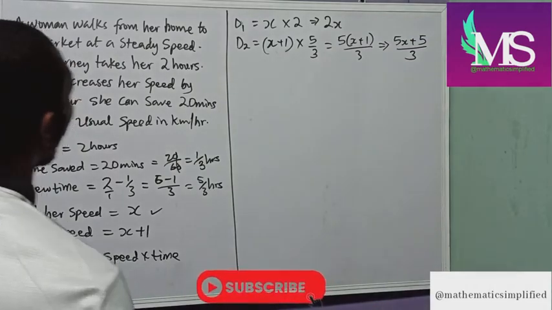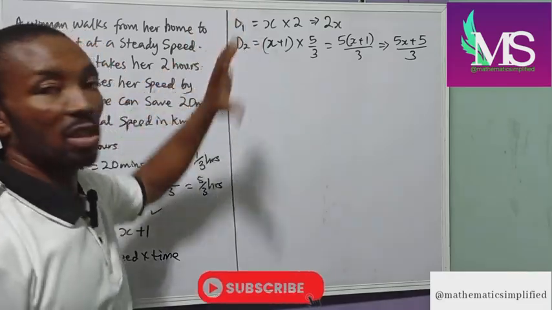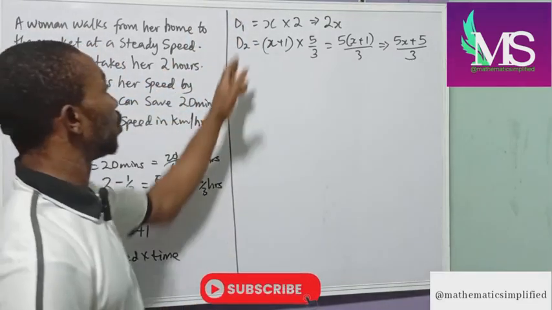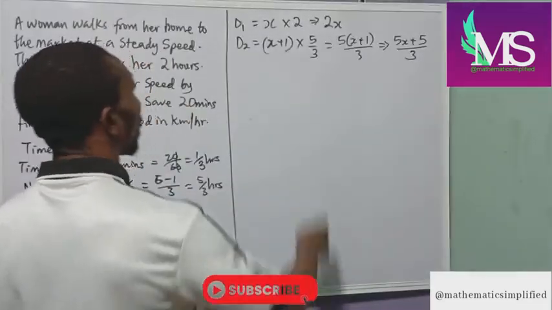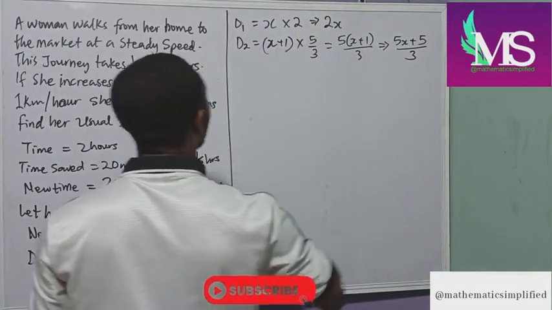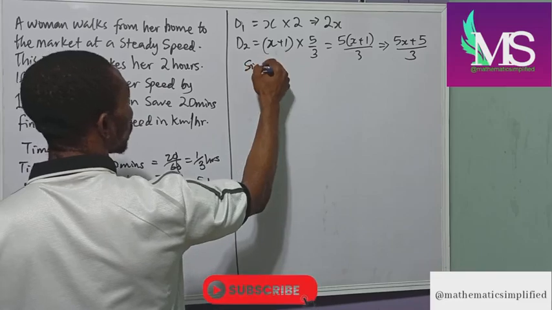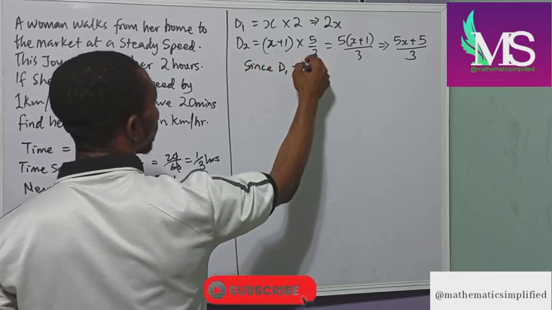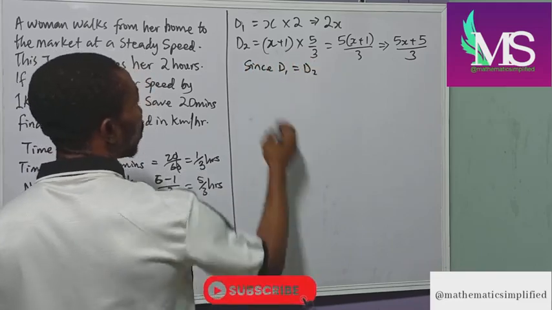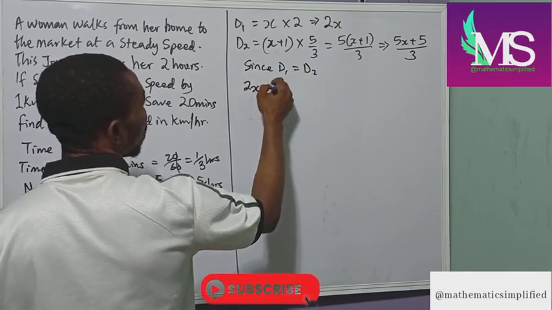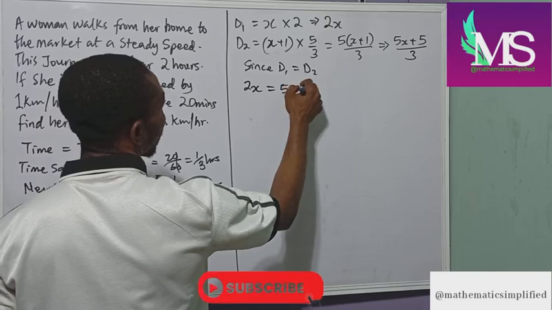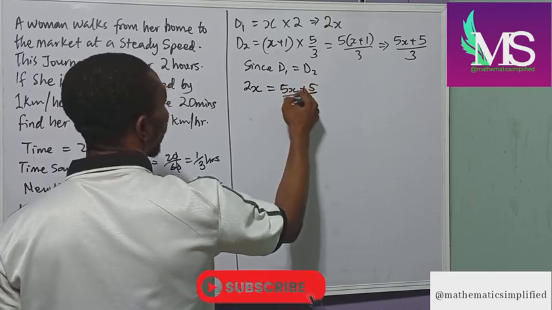But now we know that both distances remain constant. d1 and d2 are constant, so we can now equate these two. Since d1 equals d2, this becomes 2x equals 5x plus 5 over 3.